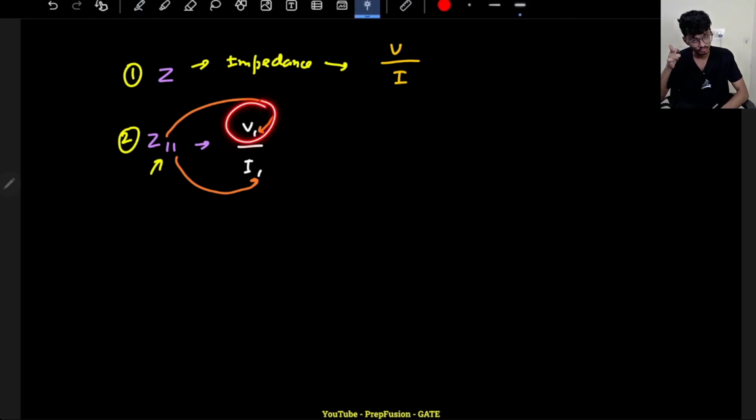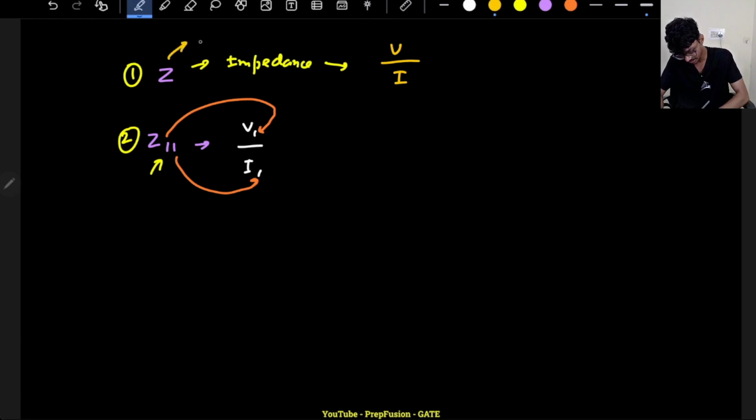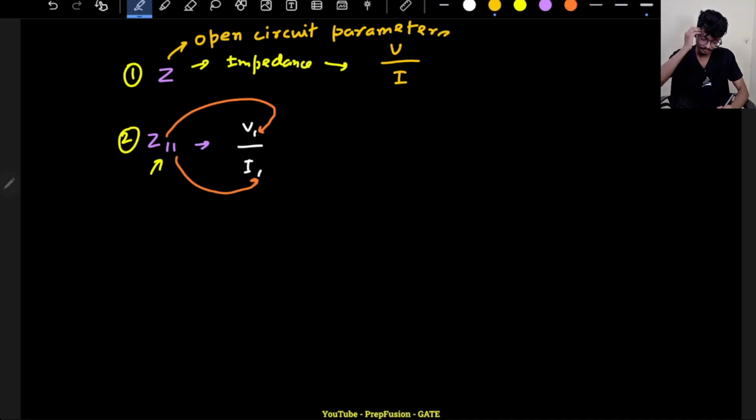I have to measure the voltage of port 1 and the current of port 1. Now as this is a Z parameter, and I have told you Z parameters mean open circuit parameters, keep this in your head.